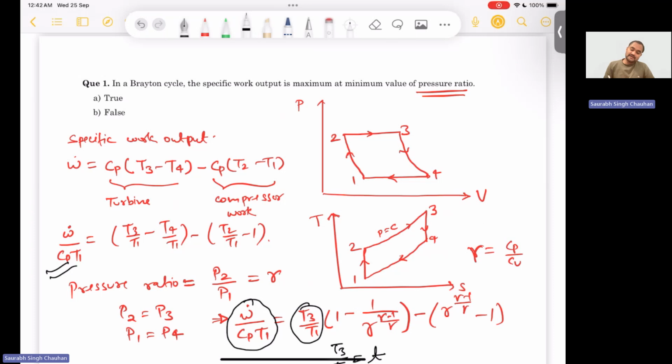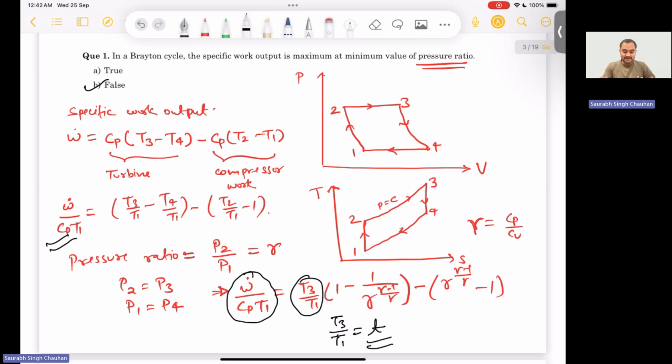So it is saying that specific work output is maximum at minimum value of pressure ratio. So this is false, right? Because at minimum value of pressure ratio, the specific work will also be minimum. So this statement is not correct. This is false.